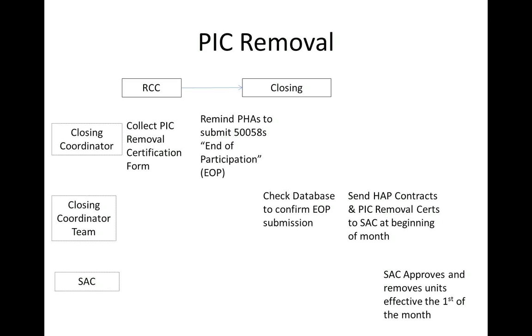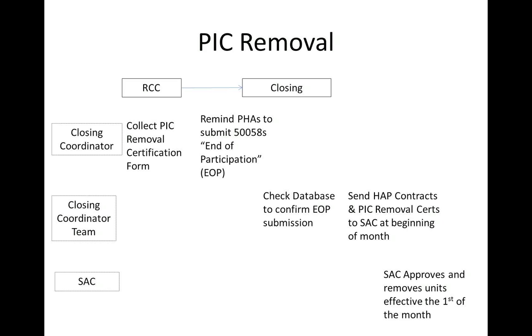And then probably in one set batch, the closing coordinator team will provide at the beginning of every month all of the HAP contracts and PIC removal certification forms to the SAC, for all of the conversions that occurred in the previous month. Then the SAC will use that information to approve and remove all of the units from PIC.